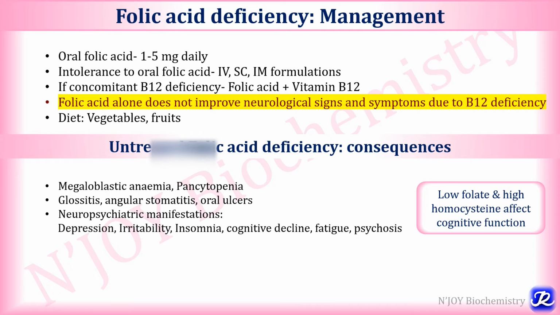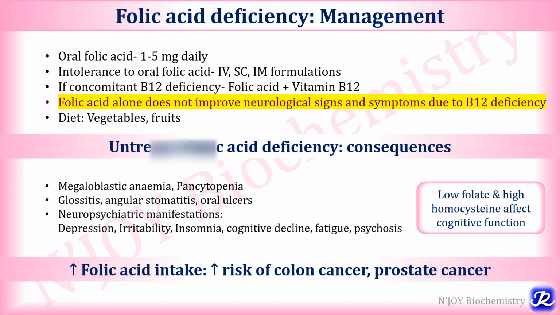The main reason is that low folate and high homocysteine levels affect cognitive function. Now if there is increased intake of folic acid, or folic acid megadoses are taken by the person, then there can be an increased risk of colon cancer as well as prostate cancer.